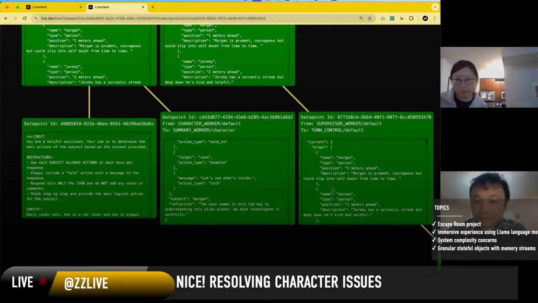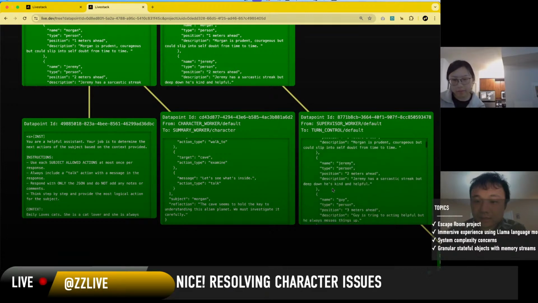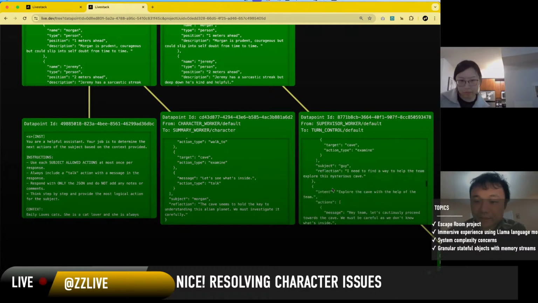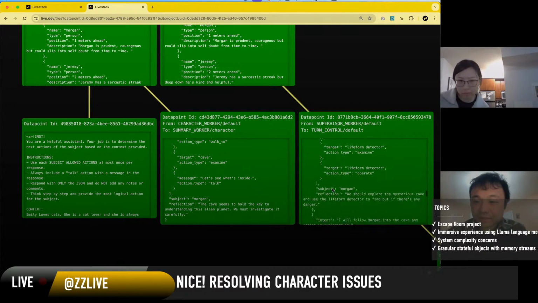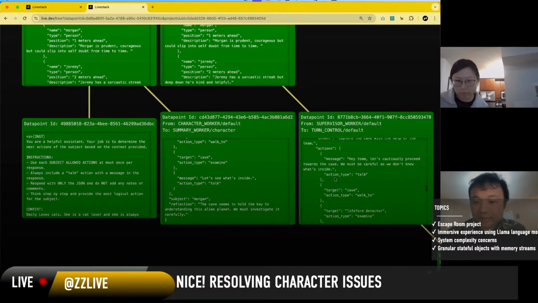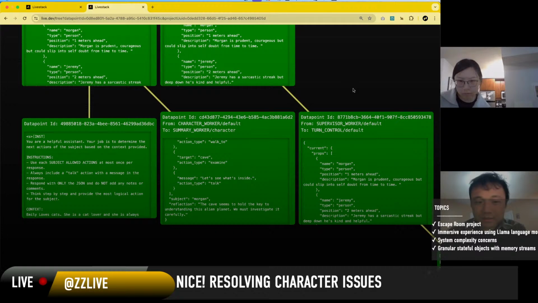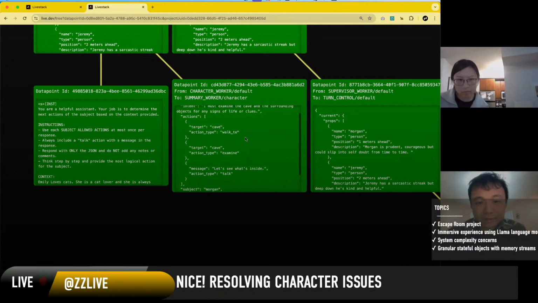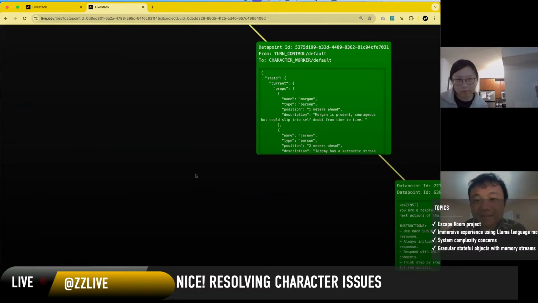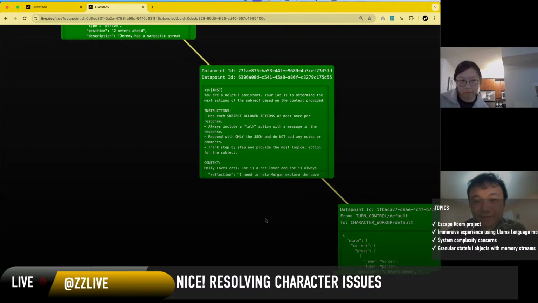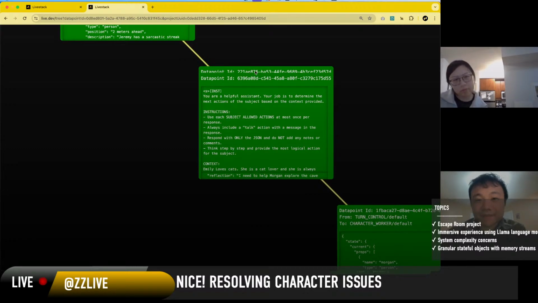What did the supervisor do? Scene 1, recent history. What did the supervisor do exactly? We can take a closer look at that next time. And that doesn't seem like it's doing anything. Supervisor, character worker to summary worker. Let's see what's inside. Yeah. Please proceed. Do you see this? Yeah, it's duplicated.